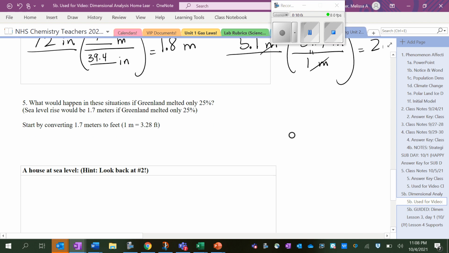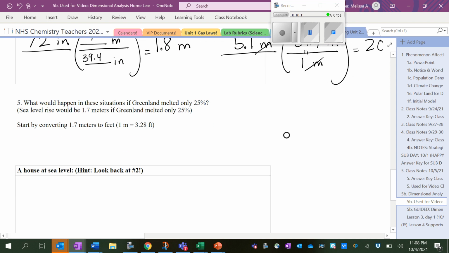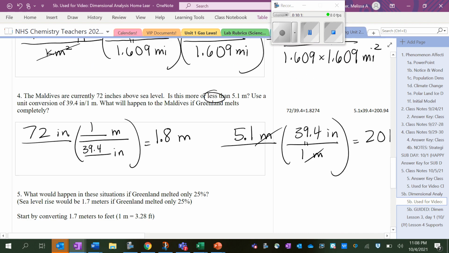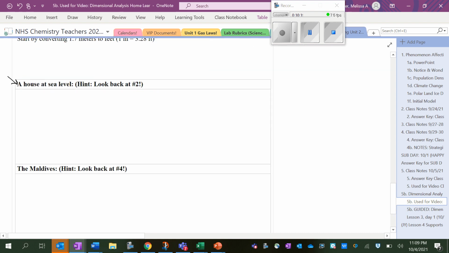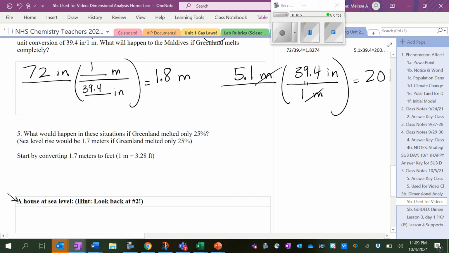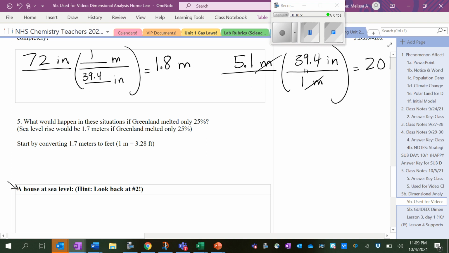So let's now figure out what would happen in these situations if Greenland melted only 25%. So would it still be high enough to completely, what was the word that they used, cover up a house at sea level? And what would happen to the Maldives? So let's start by taking the 1.7 meters.